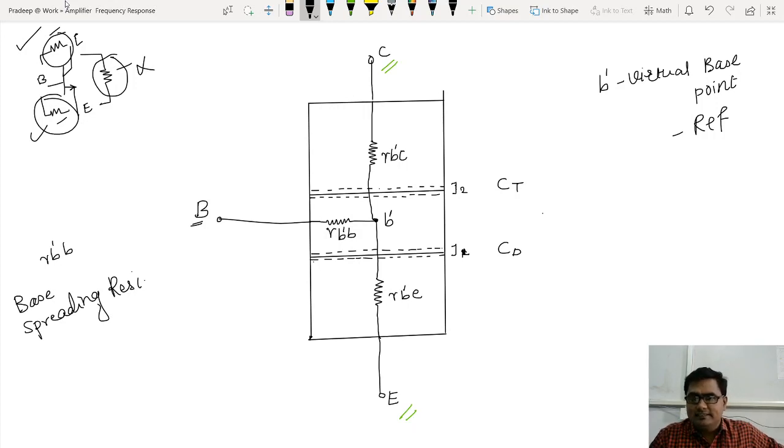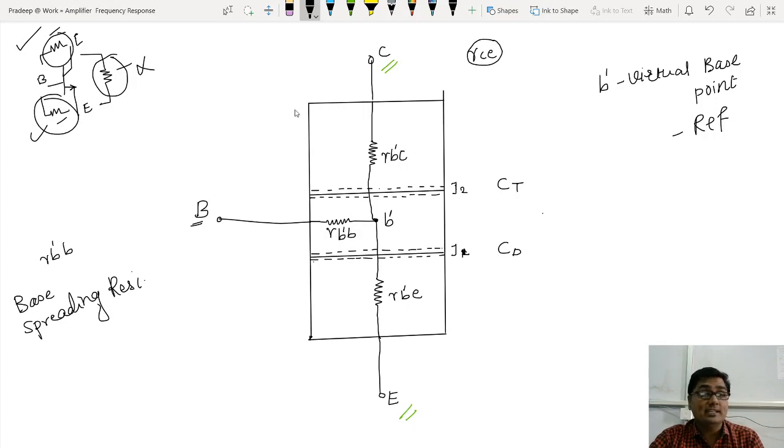What is that resistor? It is R C E, collector to emitter. You could say REC, but it's not good to say that, so it is always referred to as RCE.